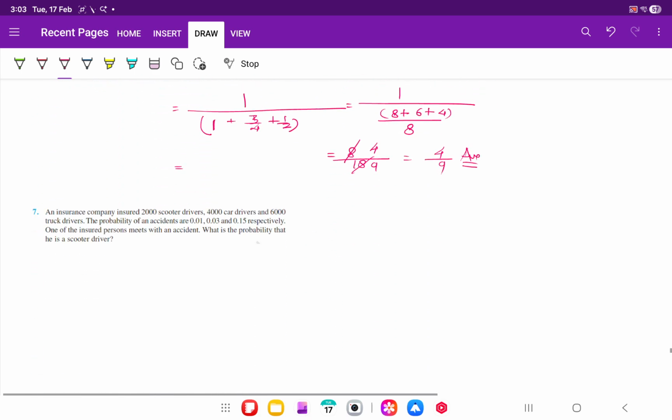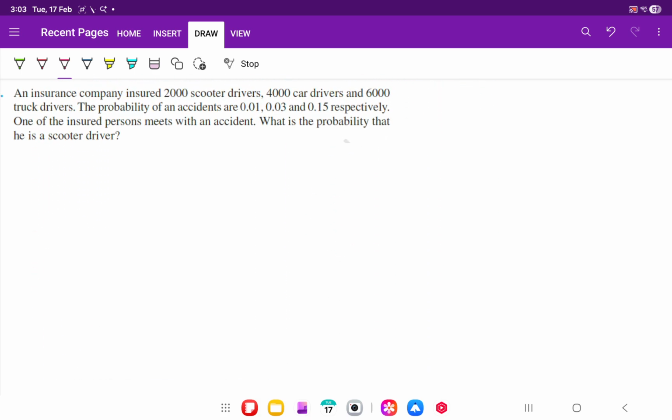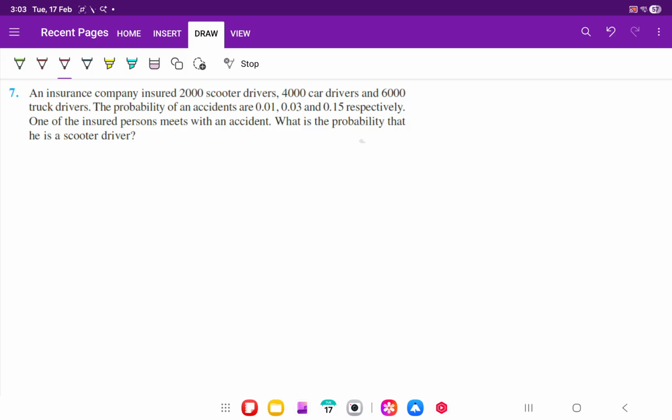Okay. Let's do the next question, number 7. An insurance company has 2000 scooters, 4000 cars and 6000 truck drivers. The probability that an accident will happen to them is given in sequence. So any one of them meets with an accident.